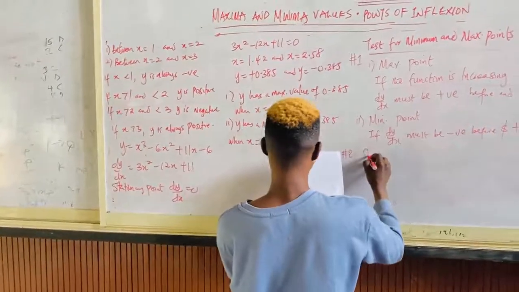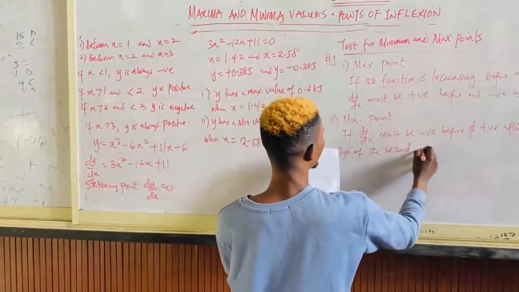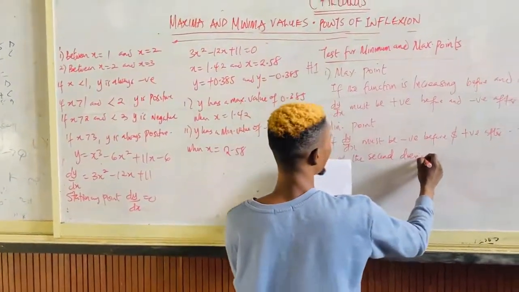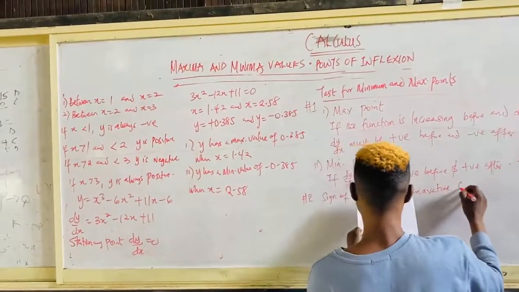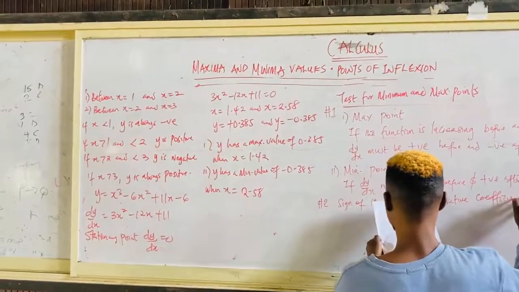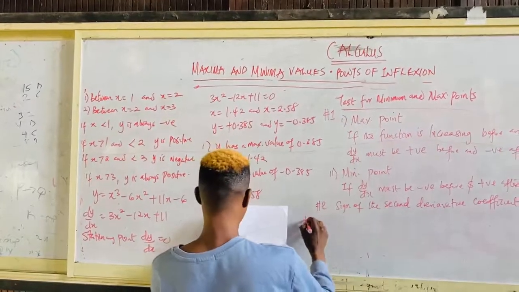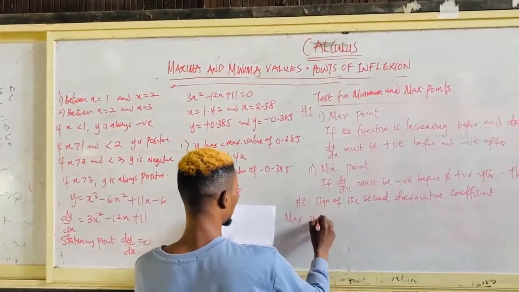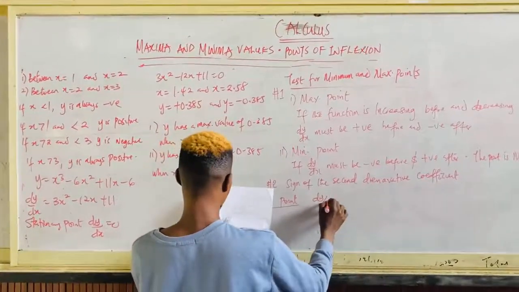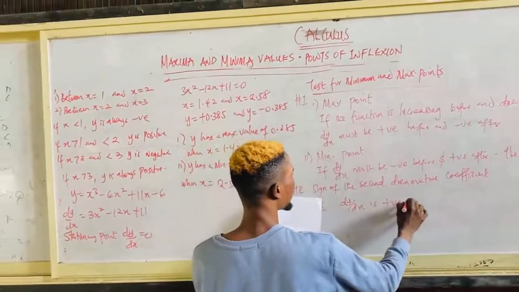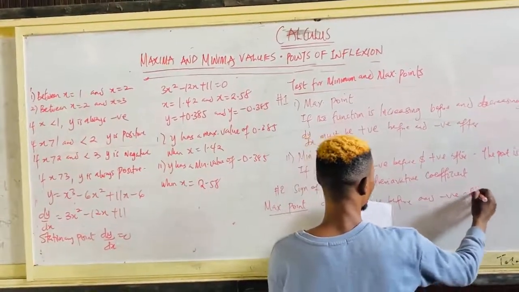Another test is the sign of the second derivative coefficient. So for the maximum point, dy/dx is positive before and negative after.